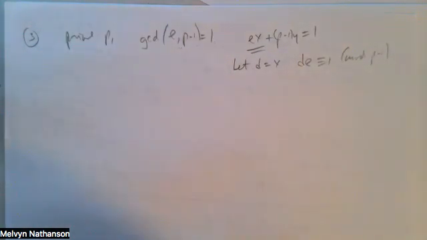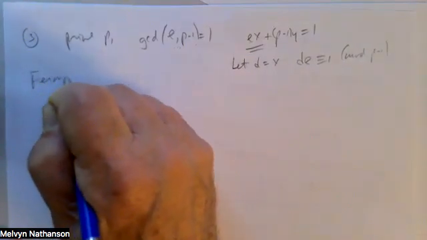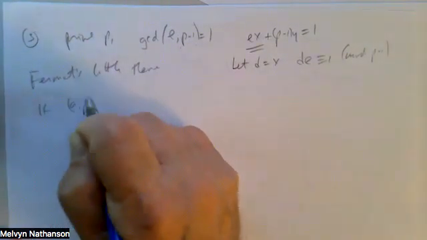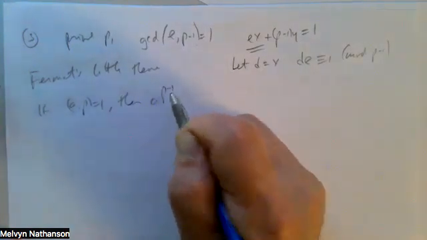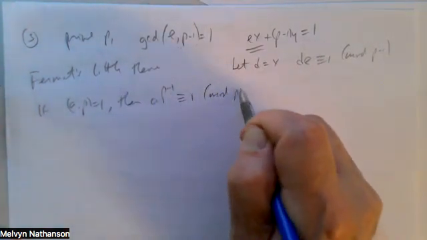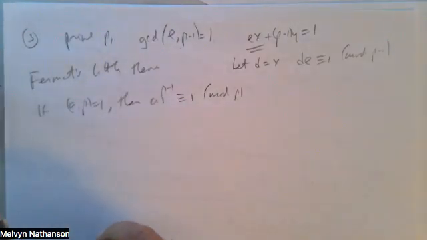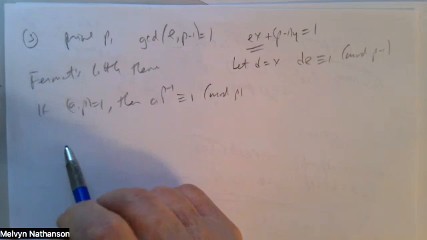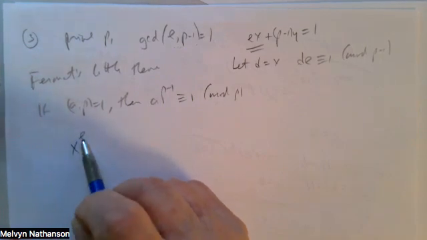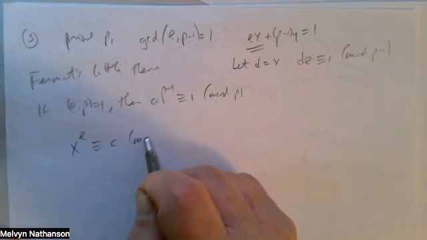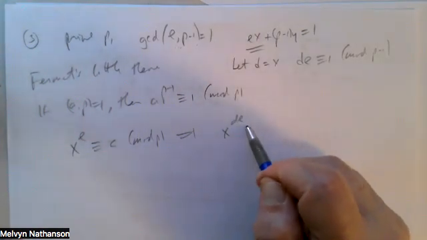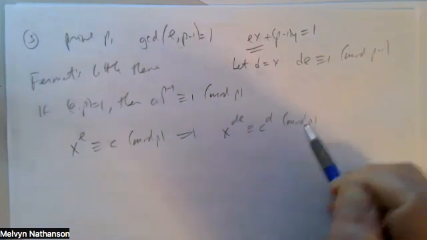And we know Fermat's little theorem: if A and P are relatively prime, then A to the P minus 1 is congruent to 1 mod P. Suppose you have x to the e congruent to c mod p, then x to the ed, or x to the de, is congruent to c to the d mod p.